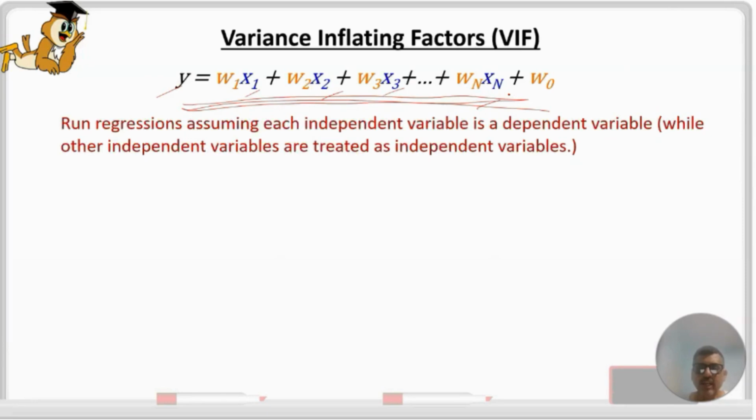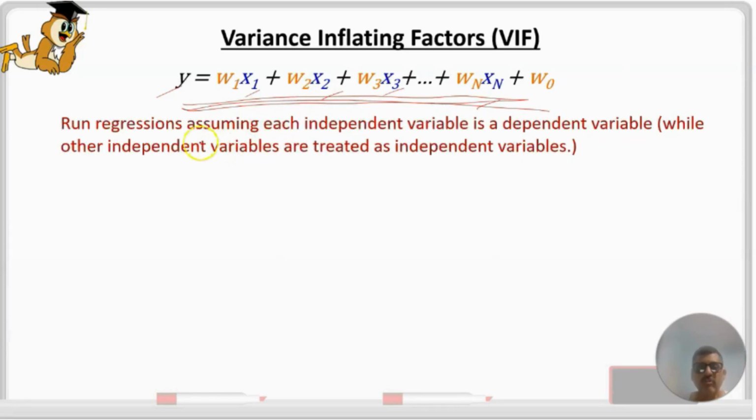Now we want to make sure that the scenario that we discussed in the earlier slide, where there is a sort of a linear dependency between x2 and x4, x7, x9 taken together, is not happening. How do we find out if that is happening?